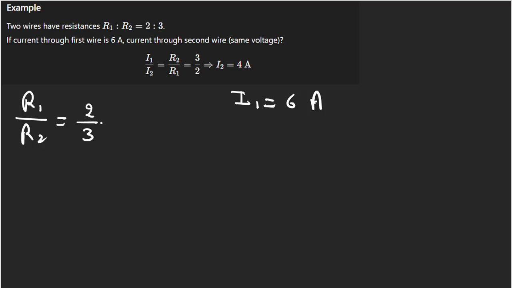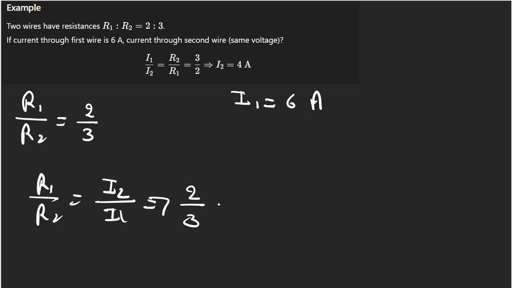The ratio of resistance is 2 by 3, and in class 10th you all studied that the ratio of current is the reciprocal of the ratio of resistance. So R1 by R2 will be equal to I2 by I1. We can write R1 by R2, which is 2 by 3, is equal to I2 by I1. I2 is unknown and I1 is given as 6. When we solve this, we get I2 equal to 4 ampere.